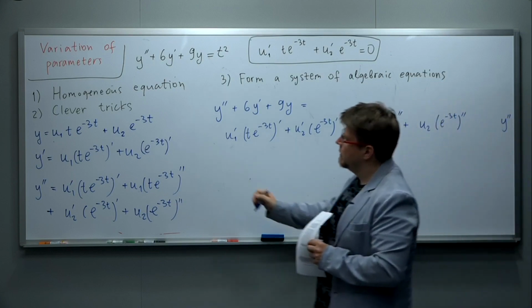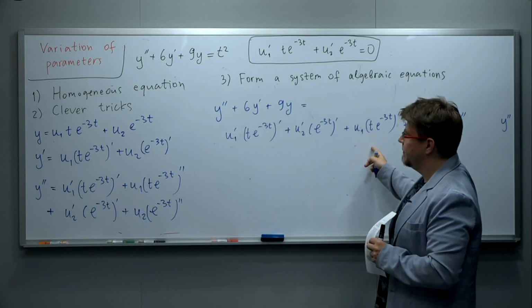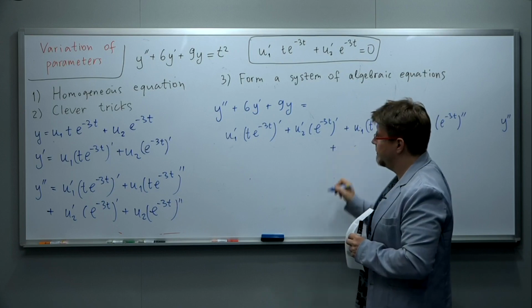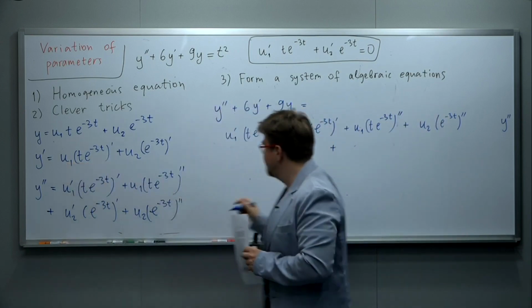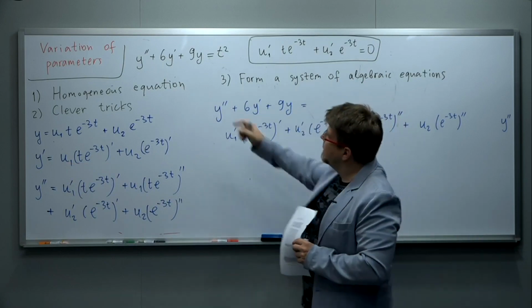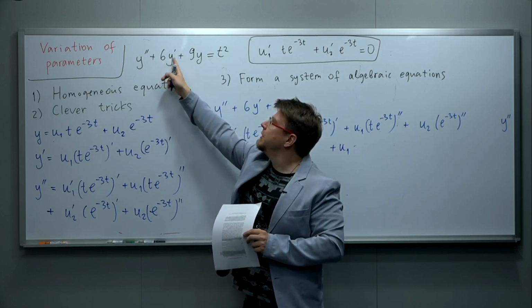Now I'm going to write y prime, and I'm going to write it here. So plus, I'm going to have u1, and we're supposed to have a coefficient of 6 here, 6 times y prime.